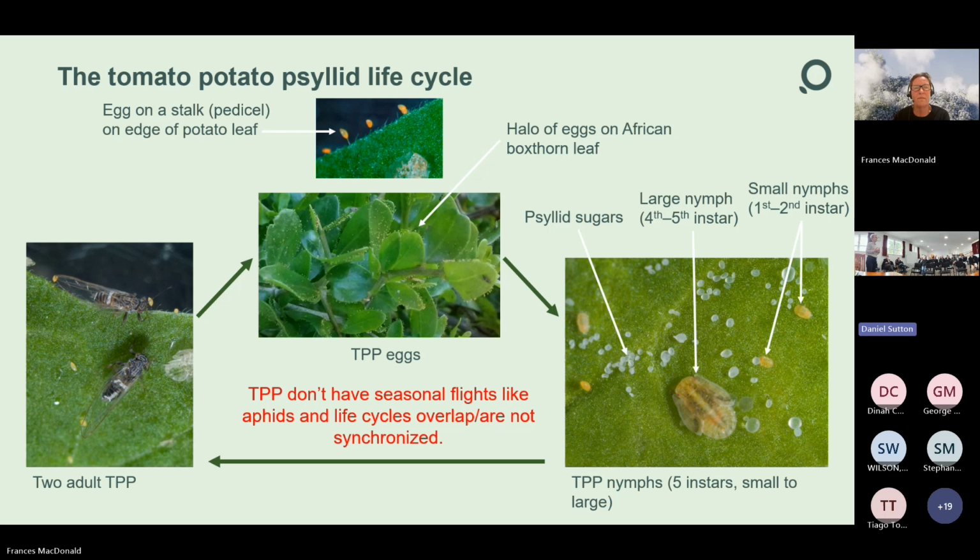Something really important, because most people are familiar with the aphid flights. TPP doesn't have a flight. There is no seasonal flight. There is no flight in early spring or whenever that they go from one host to the next host. They're just around in the environment. They fly around.